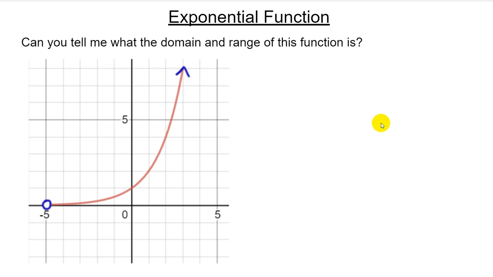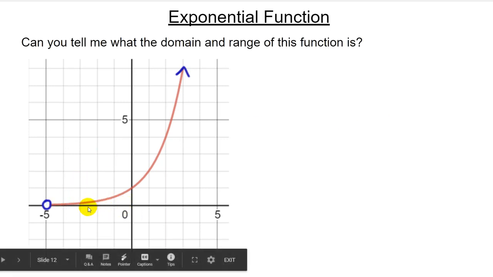Okay, let's say I ask you the domain and range of this. So the domain in this case, this means we start at negative 5 here. So it's not going to include negative 5 because we have an open circle. So if we go from here all the way out, this means the domain is going to be all x values that are greater than negative 5.